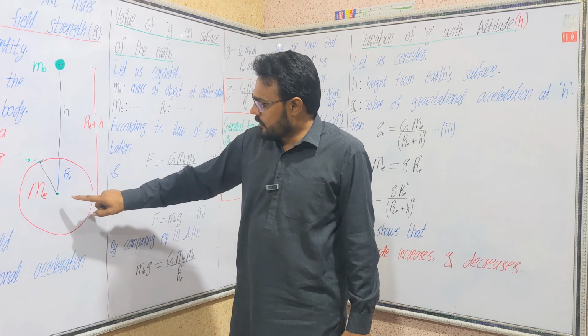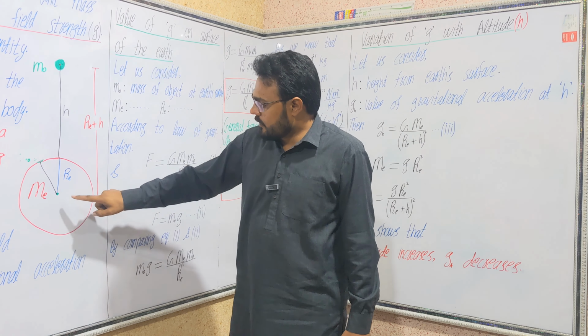From here to here is R and from here to here is h, so the total distance becomes R plus h. So in this equation we replace R with R plus h. The remaining stays the same. Only R is replaced with R plus h, so we get (R plus h) square, with GM_E as it is.